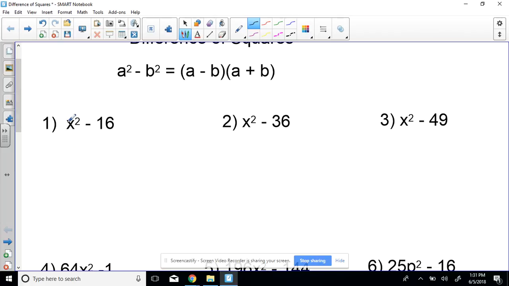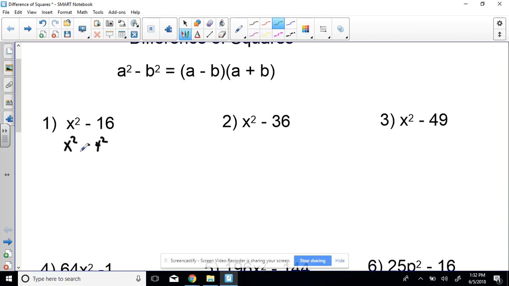On the first one, x squared minus 16. Well, x is already squared, but 16 is not squared. So if I said x squared minus 4 squared, isn't 4 squared the same thing as 16?